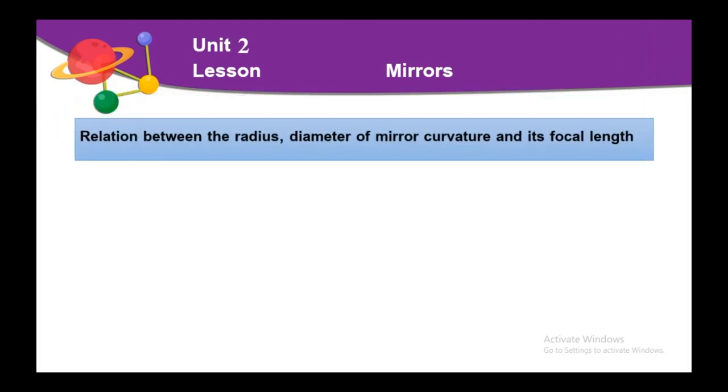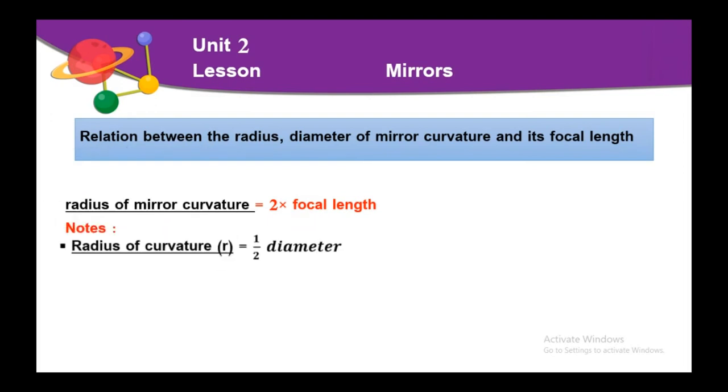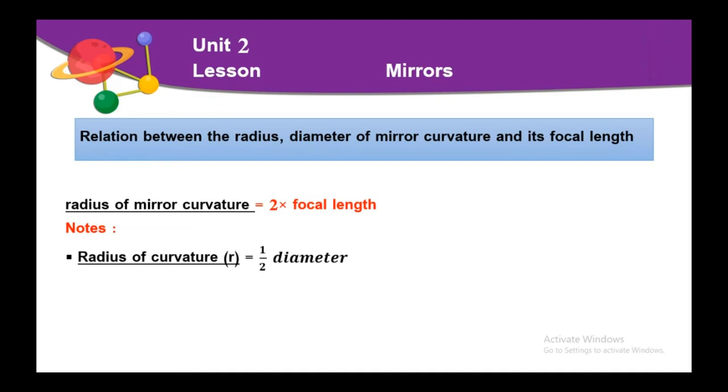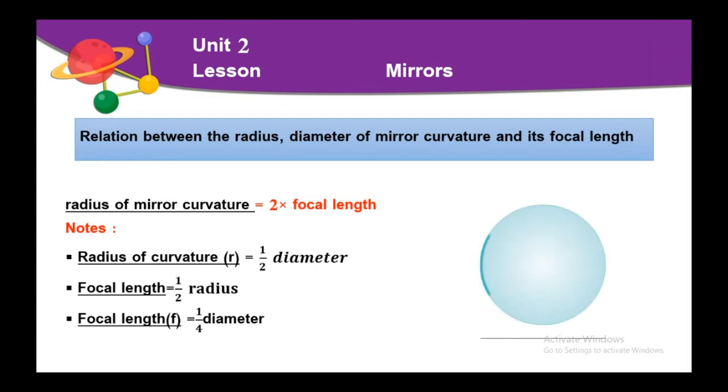What is the relation between radius, diameter, and the focal length? The radius of curvature of the mirror equals double the focal length. The radius of curvature equals half the diameter, so the focal length equals half the radius, and the focal length equals a quarter of the diameter.